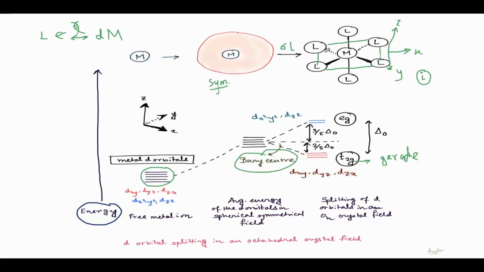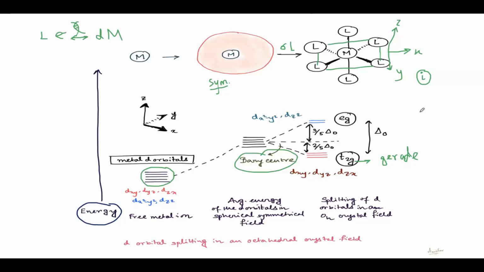So when the complex is having the i, or the center of symmetry, then the suffix g comes into the picture. That's why the orbitals are denoted here by the notation T2g. And when the orbitals' energy is increased, the energy is lifted. So these lifted d orbitals are termed as eg.